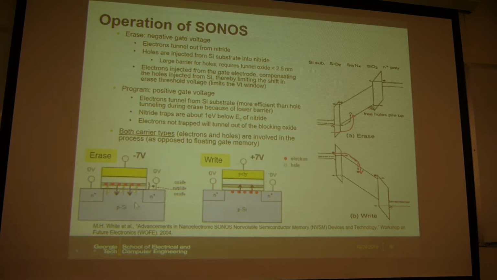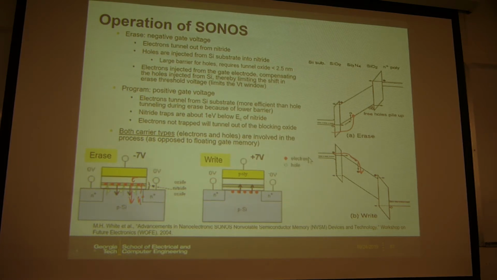And then, if you apply negative 7 volts here, then electrons will go out, but at the same time, you may attract some holes into the floating gate. So those holes in the floating gate will recombine with the electrons. So it's essentially like you erase the electrons out from the charge trapping layer.